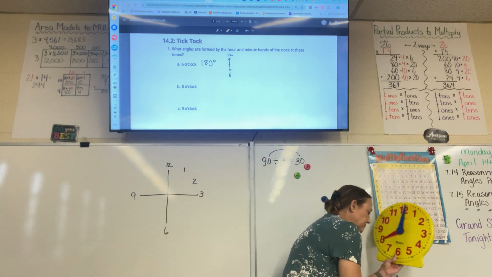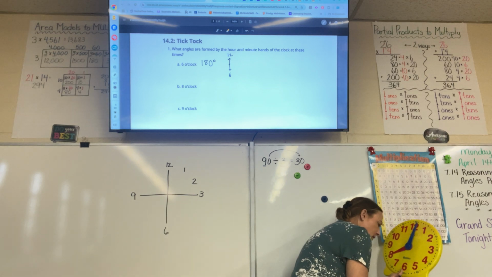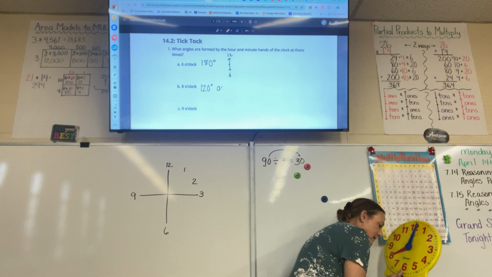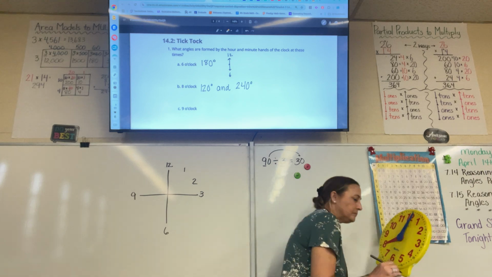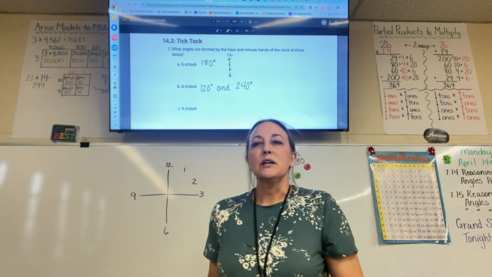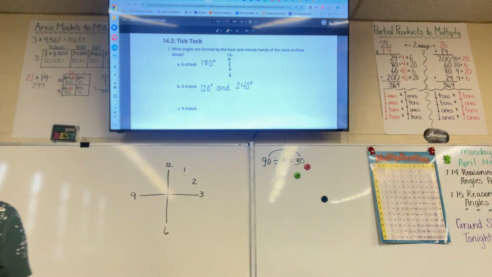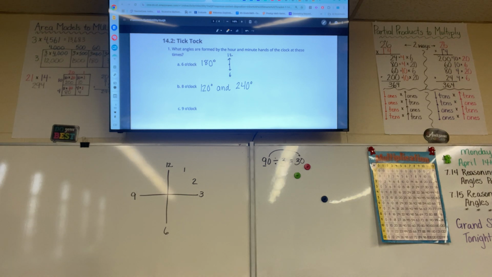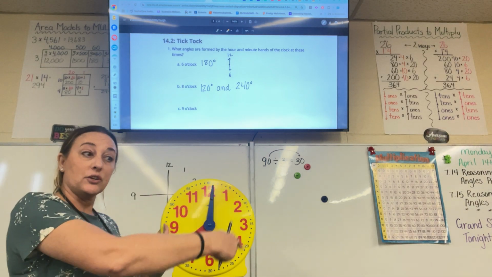So the 8 o'clock, would be a 120 degree and a 240 degree angle. What is 120 plus 240? Colton? 360. Does that make sense? Because the clock's a circle.